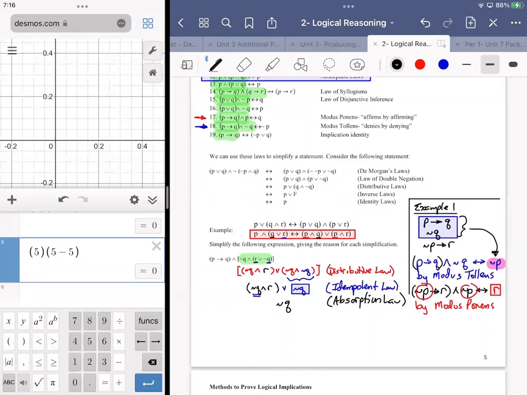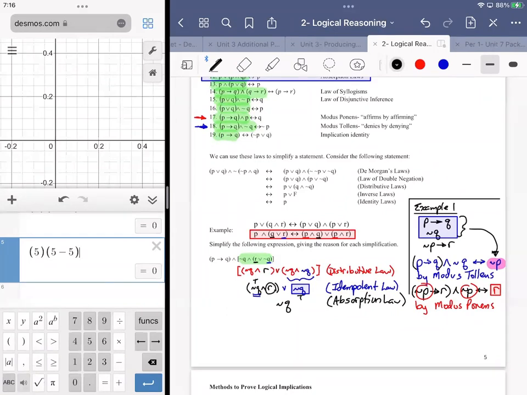Yeah, so it's not Q because if in an or sentence I want to have a true result, I only need one part of it to be true. The other part can be false, right? So if I already know that not Q is true, then this not Q is also going to be true. It really doesn't matter what R is.